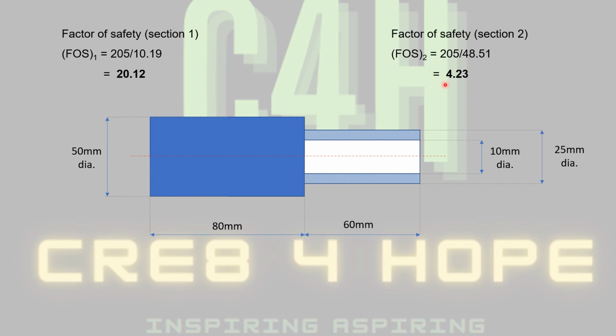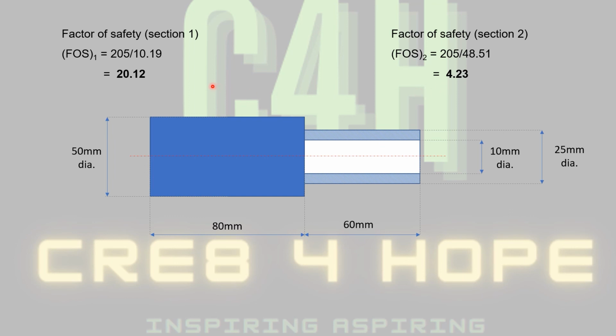However, when we compare the value of the safety factor in section 1 to the safety factor in section 2, you notice that because the safety factor in section 2 is considerably smaller, if there's any tendency of permanent deformation based on the time duration that the force is applied to the component, then the likelihood of failure will be in section 2.